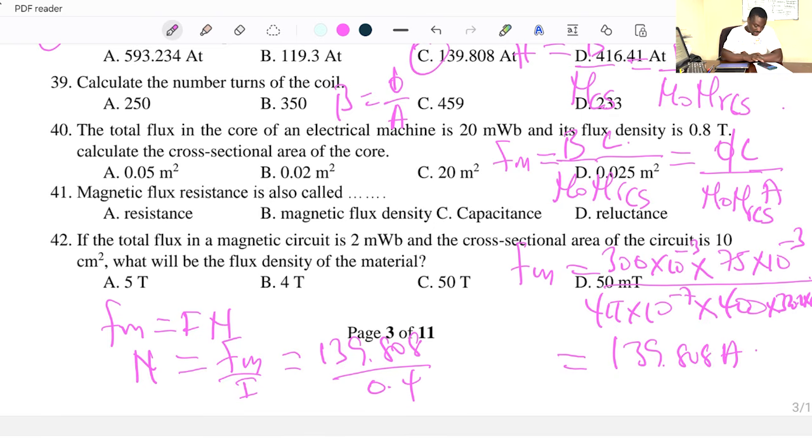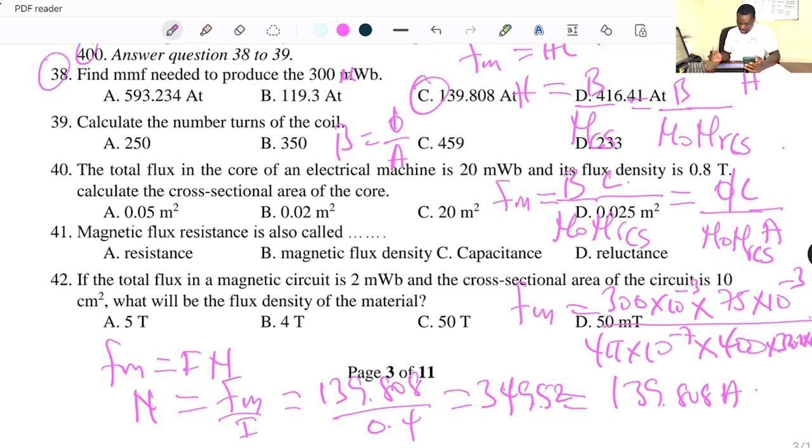We get 349.52. And since this is the number of turns, it has to be a whole number.